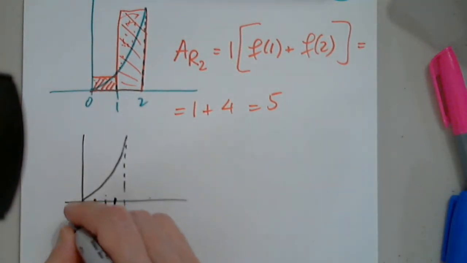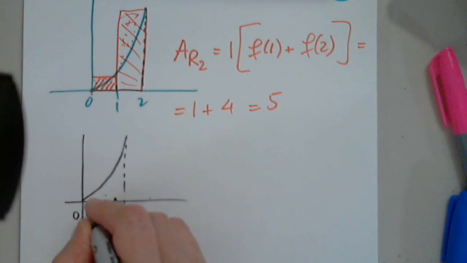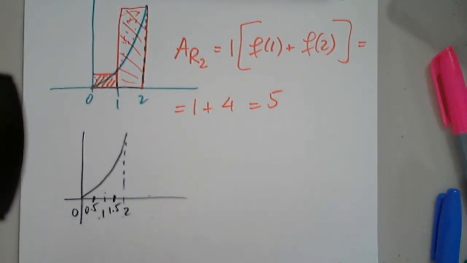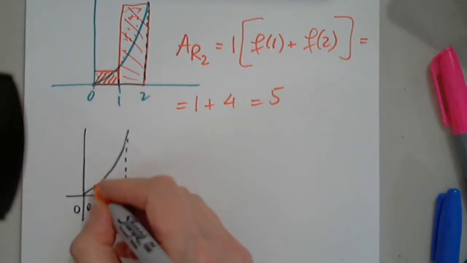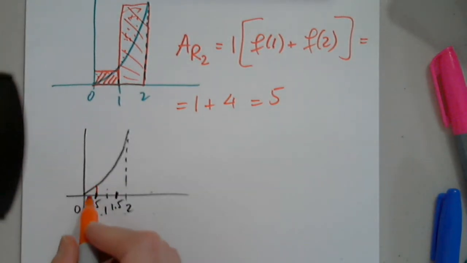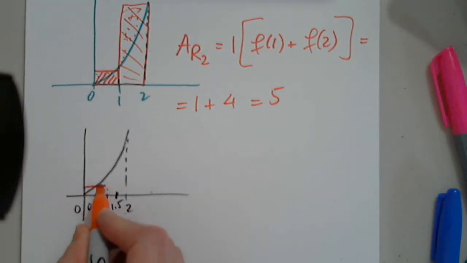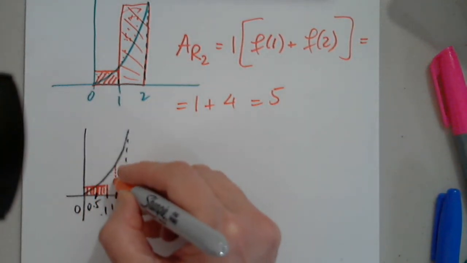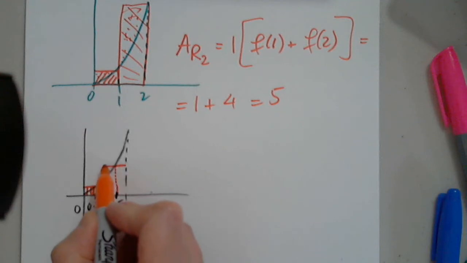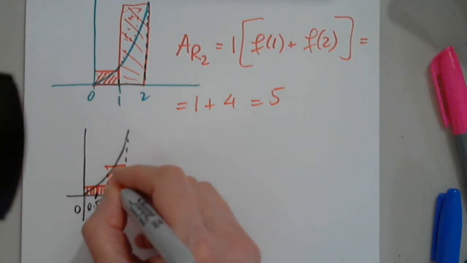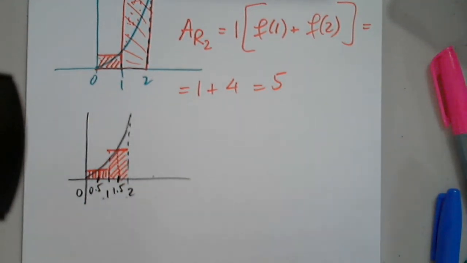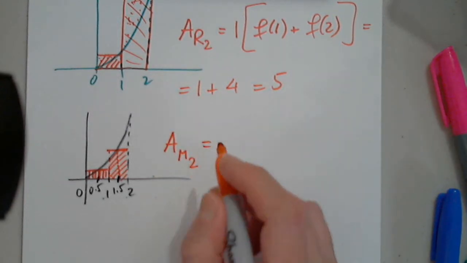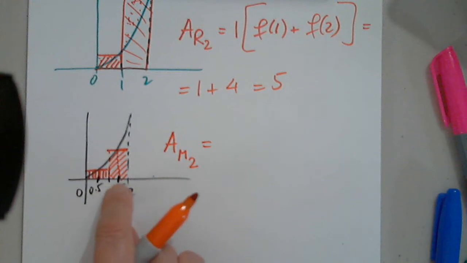Okay, 0, 1, 2, 0.5, 1.5. So the height, this is the area of the first rectangle. Height, this is the area of the second rectangle. So the area, midpoint, only two subintervals will be base times height plus base times height.